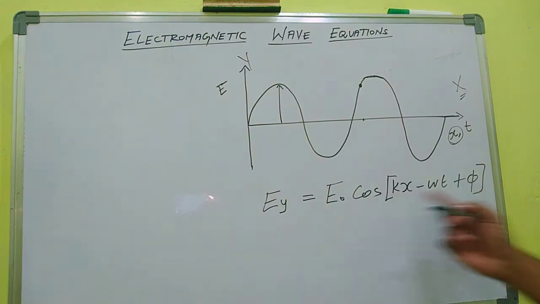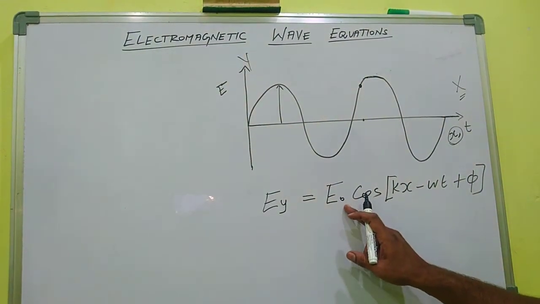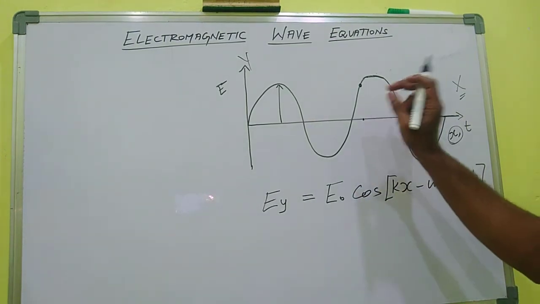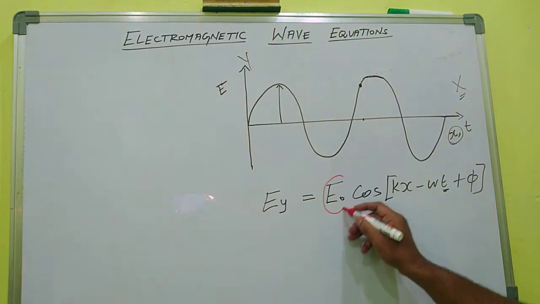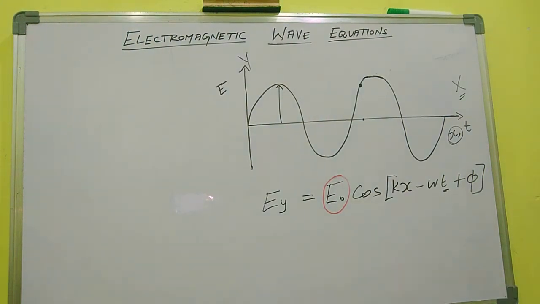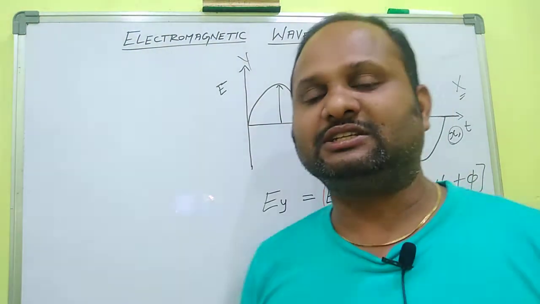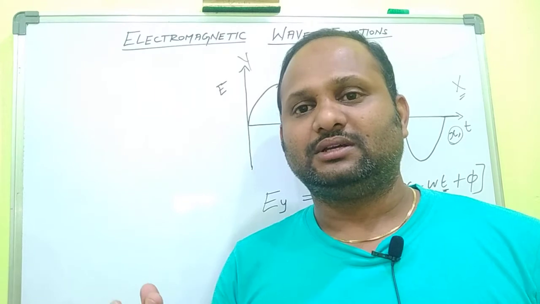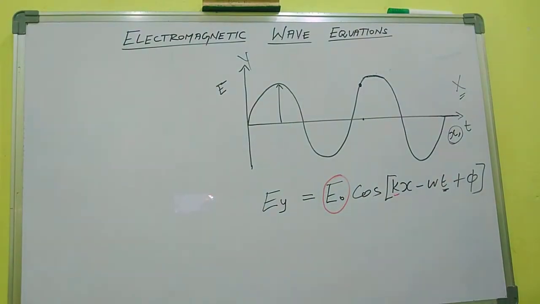What are those things? Here E naught is the maximum electric field, the peak value of the electric field. Cos of k, where k is the propagation constant. In some books it is otherwise known as wave number. Wave number or propagation constant is k.